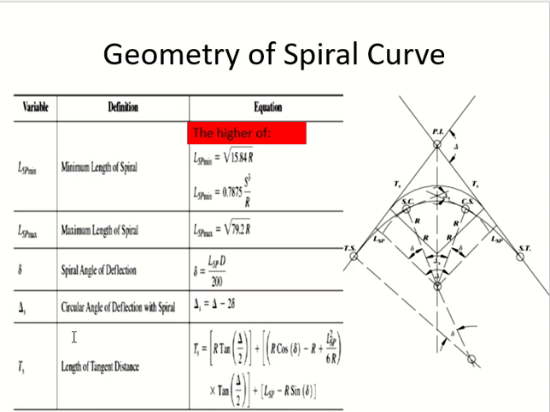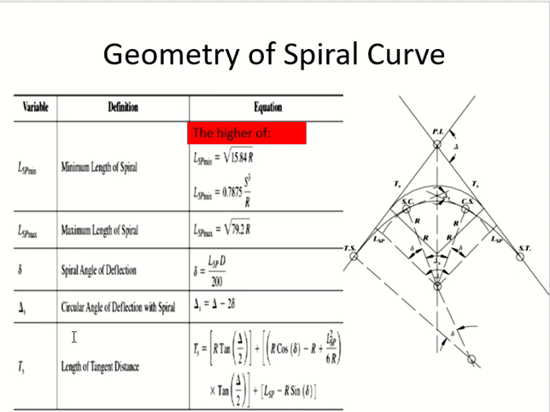Got it? Okay. Then you will have the circular curve, and the circular curve will also end. When the circular curve ends, like we did at the start, we will not connect the circular curve with the tangent. We will connect the circular curve with the second spiral. So now this point is called circular to spiral or curve to spiral, CS. So this is the beginning of the second spiral.